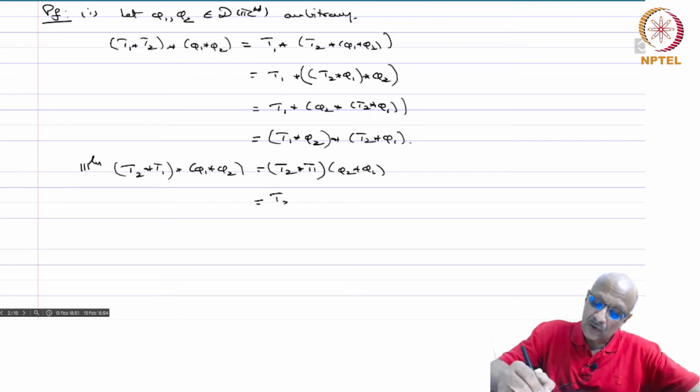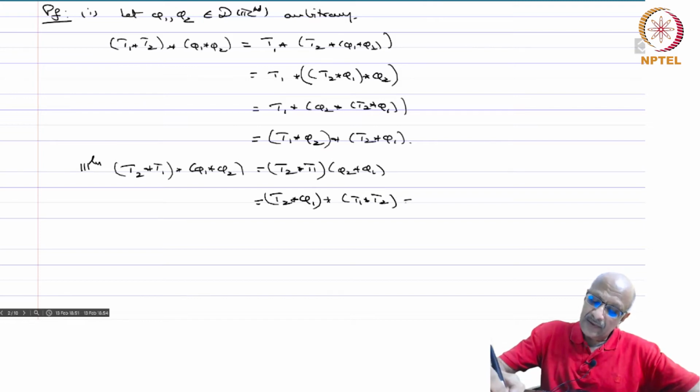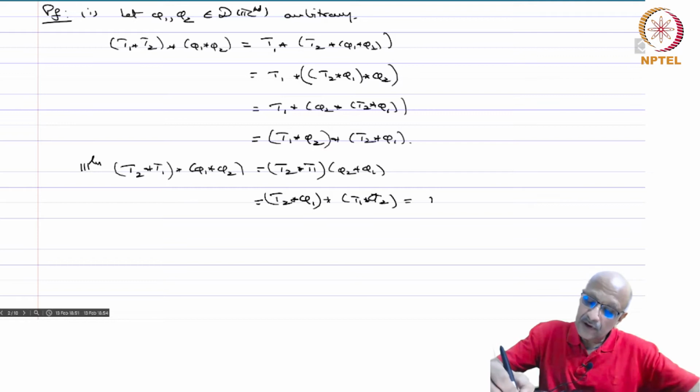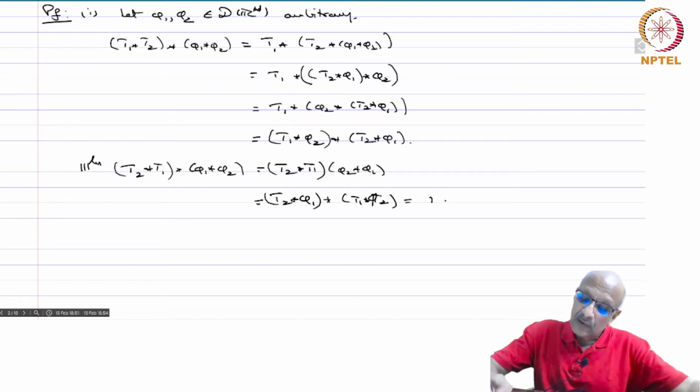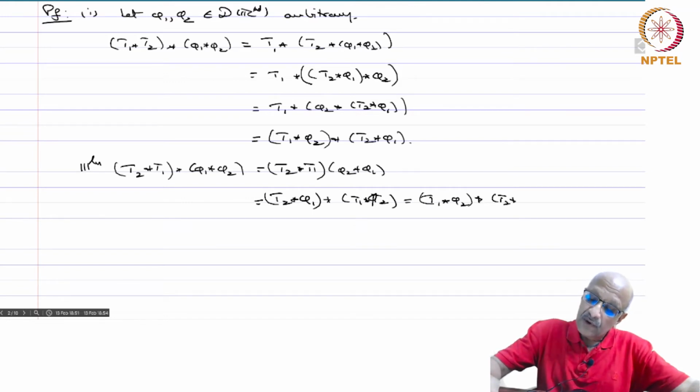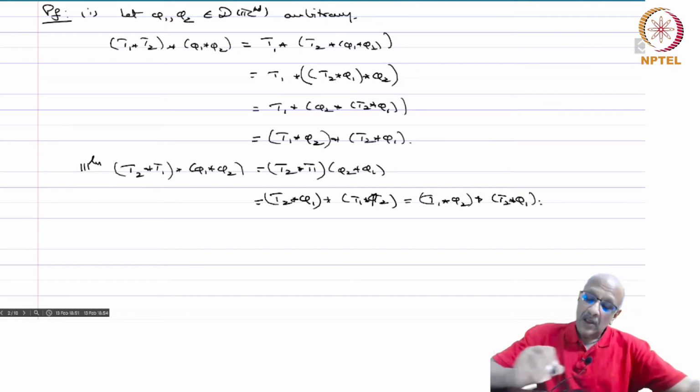So this is T2 star phi 1 star T1 star phi 2, and this is equal to T1 star phi 2, by the commutativity of functions, star T2 star phi 1. So these two are equal.